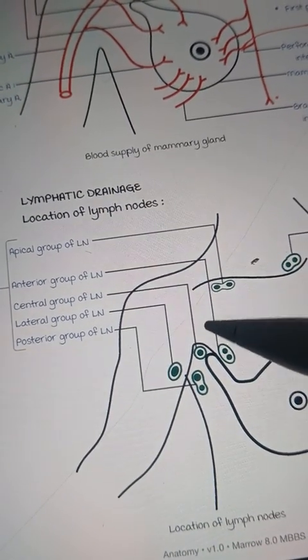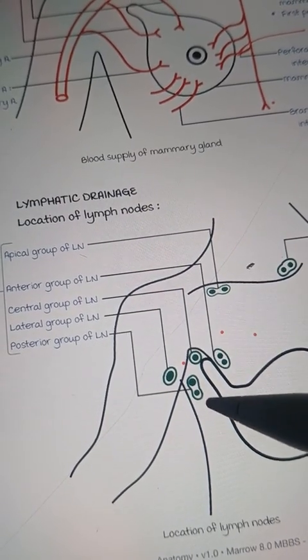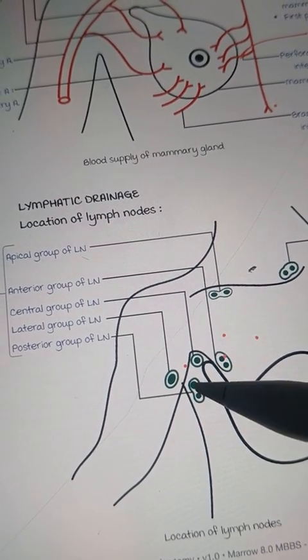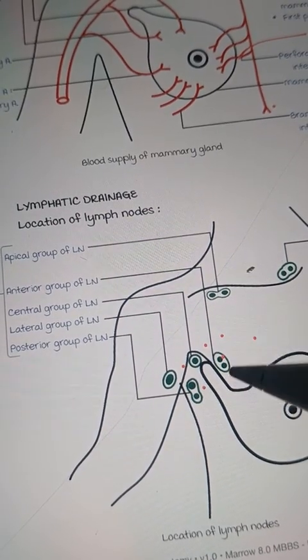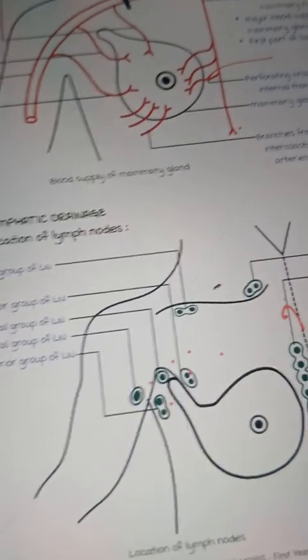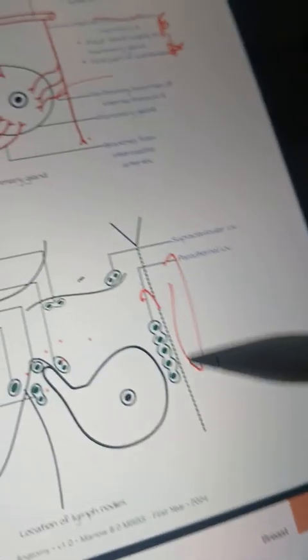So anterior, posterior, central and lateral, such four groups. This is the apical group, this is the supraclavicular, and these are the parasternal lymph nodes.